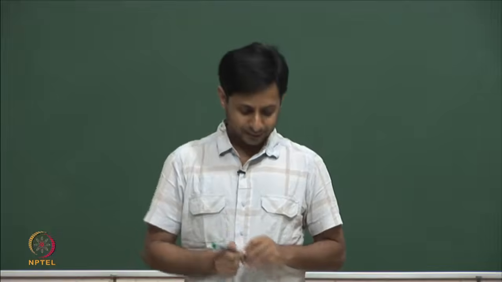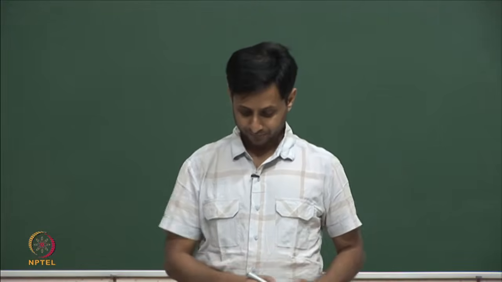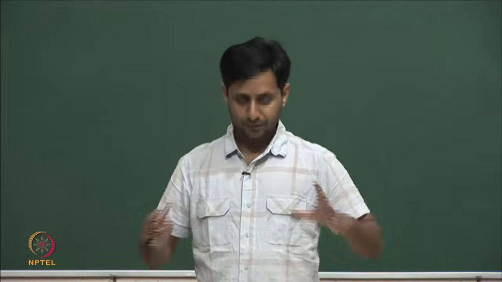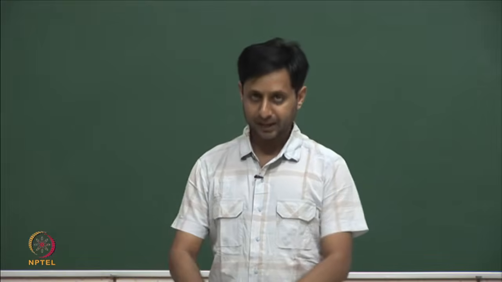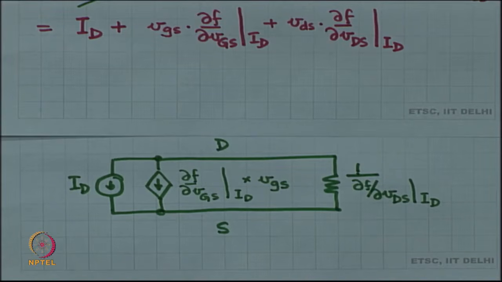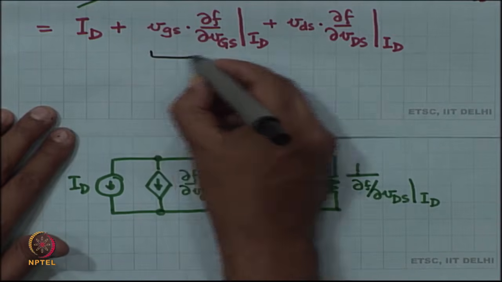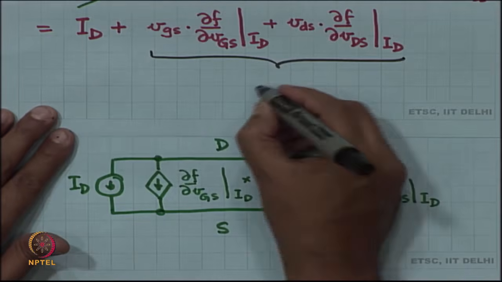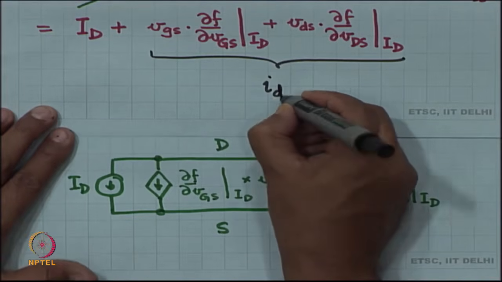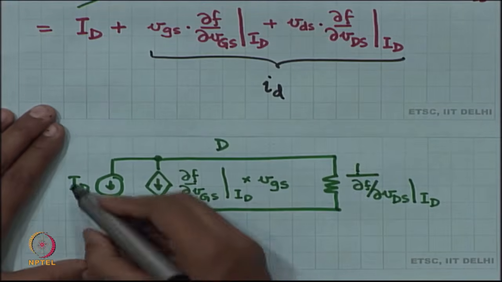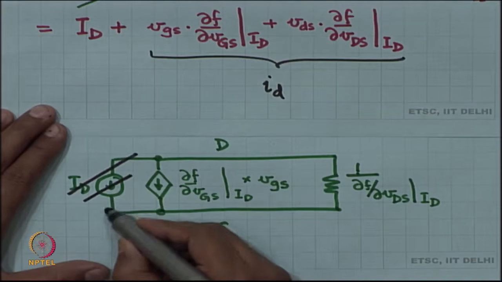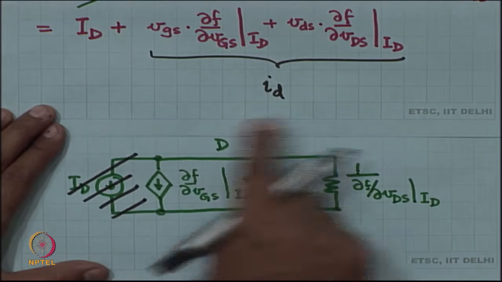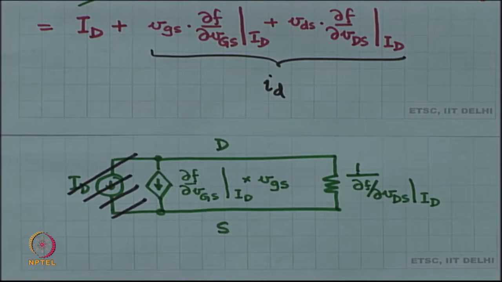Now, the incremental part of this equation. The entire picture is I sub capital D, but if I ask you what is I sub small d, only this portion is I sub small d. So, as far as I sub small d is concerned, you have only these two elements between drain and source.